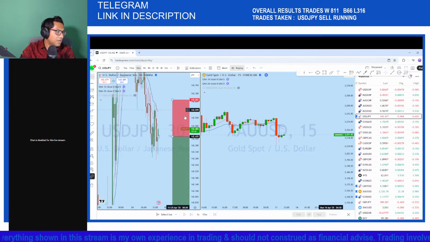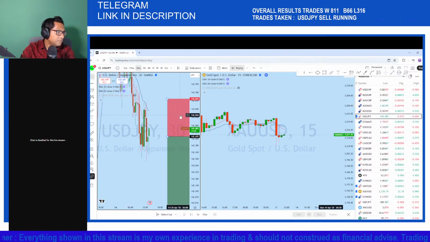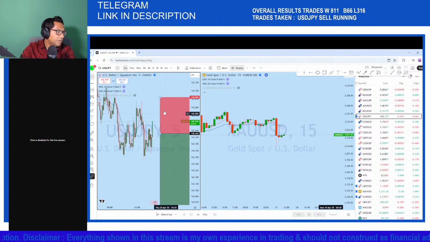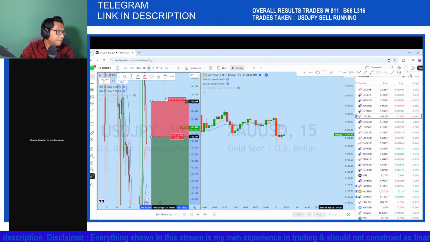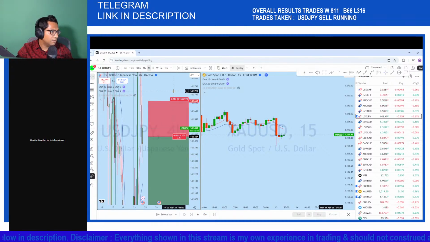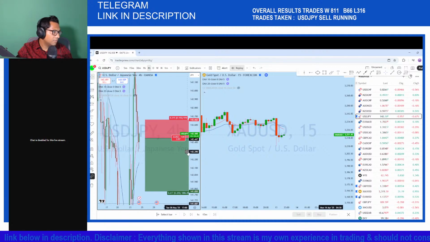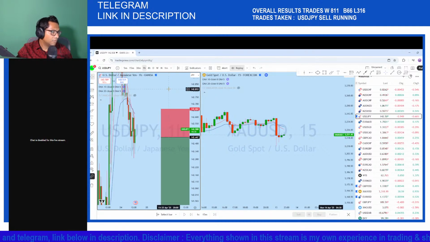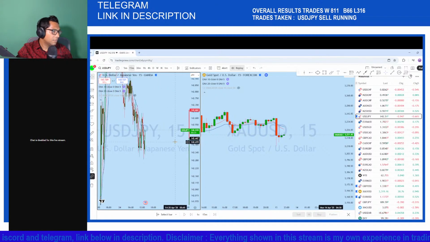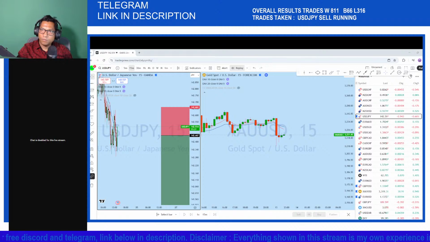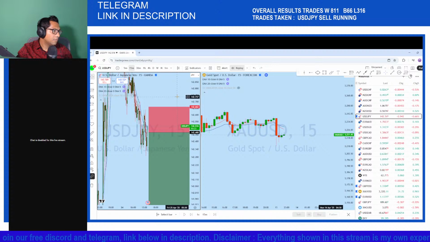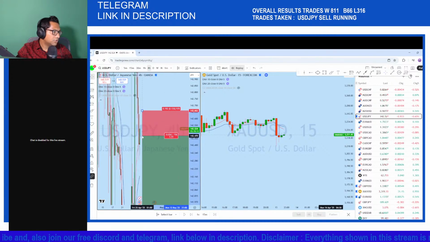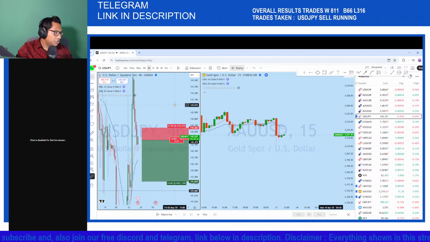So here is what you can see on the lower time frame. This move is not very trendy, and so you see some potential pullback here.